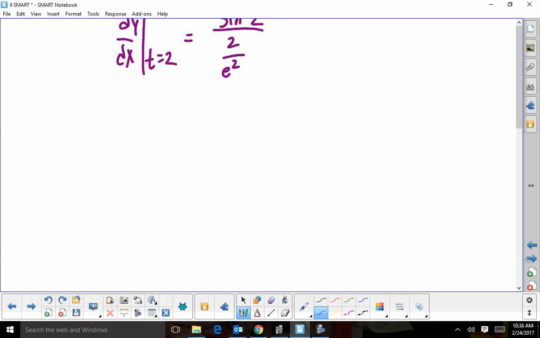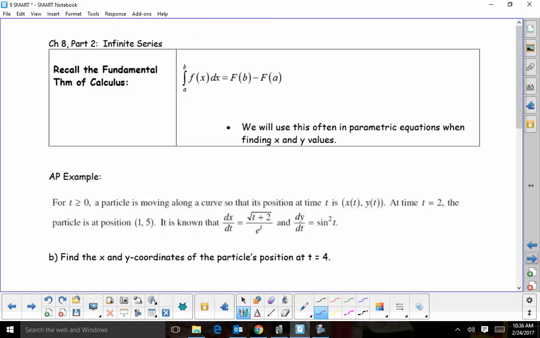So the last thing that we're going to go over today, and this is a review, but this shows up on parametric all the time. This is the fundamental theorem of calculus. You remember this? We love this.